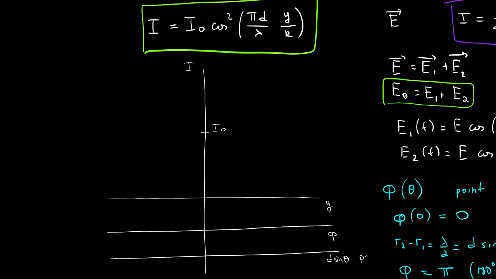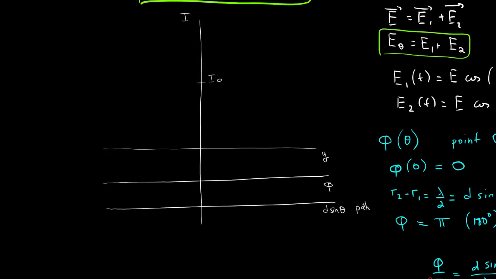So this is 0, the central fringe, and then we go ahead and start with the path difference lambda, 2 lambda, 3 lambda.